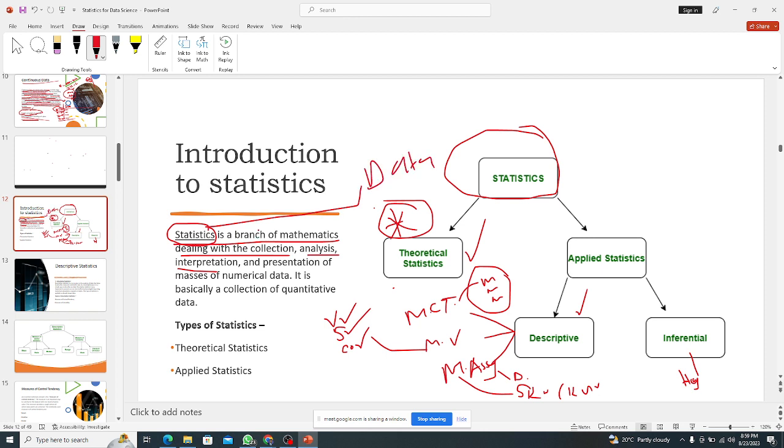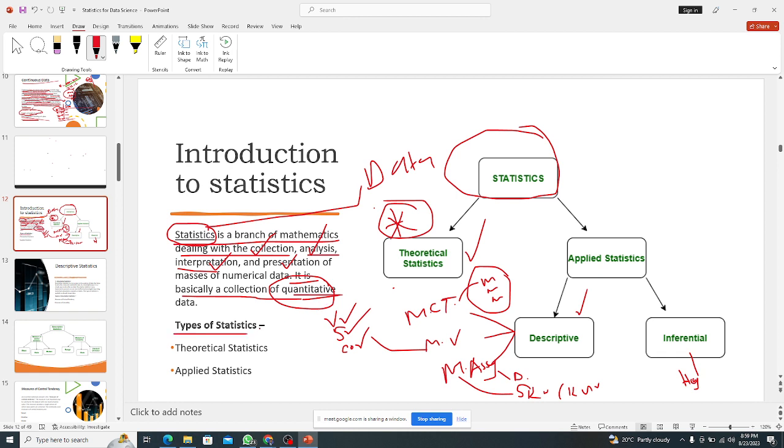These are the four major steps which I discussed when I was talking about data analytics. It is basically a collection of quantitative data, but not qualitative data.